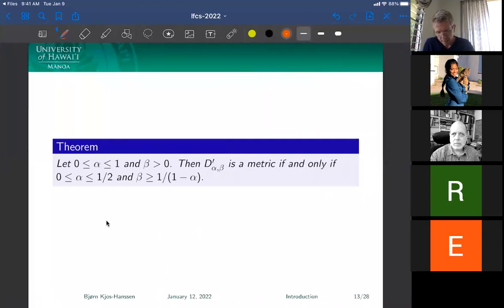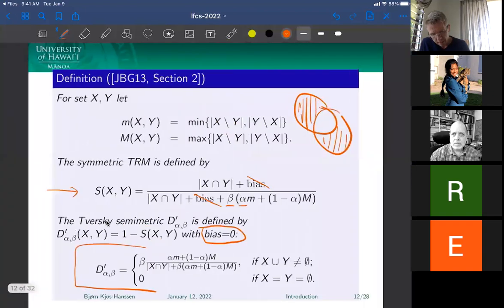So the result is that, well, we only really make these definitions for alpha between 0 and 1 and positive beta, and then here's the characterization. Alpha must be at least 0.5, and beta must be above 1 over 1 minus alpha. And what that amounts to saying is, in part, that we need to give higher weight on this max here than on the min.